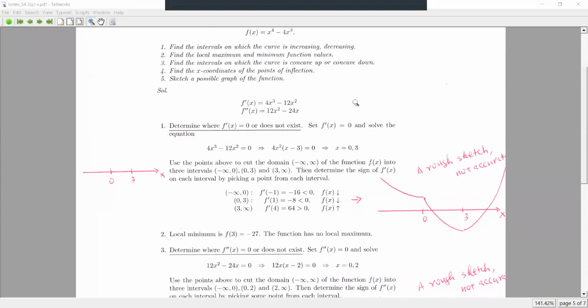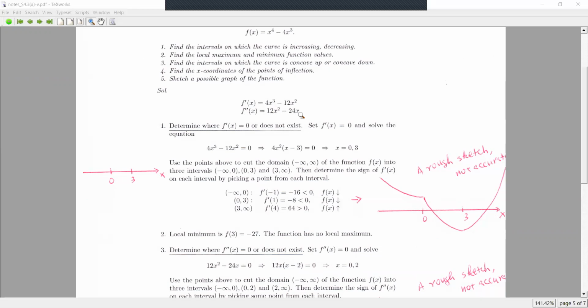To find intervals where the second derivative is greater than 0 or less than 0, I suggest finding points where the second derivative is 0 or doesn't exist. Because I want to use those points to cut the domain of the function into subintervals. The second derivative is a polynomial. It has no denominator.